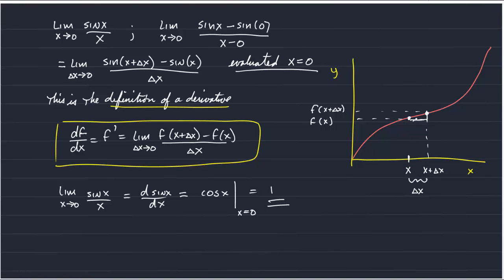So we have a slope: f prime at point x is the slope of the tangent line at point x.